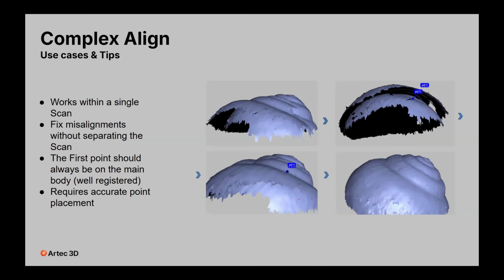And also one more important tip for this mode is that it requires an accurate point placement. So when you're placing those markers, it's essential to be extra precise about them, as we discussed during the align markers mode, because here the software relies on the markers that you set the most, and it's important to be really precise about it.